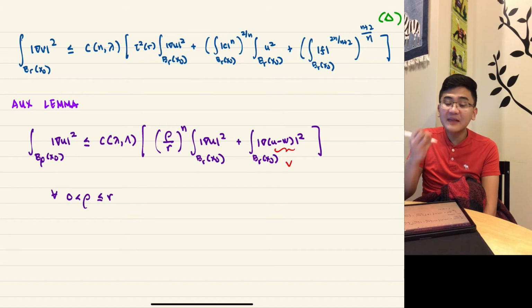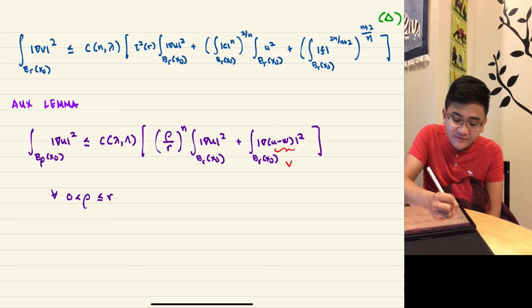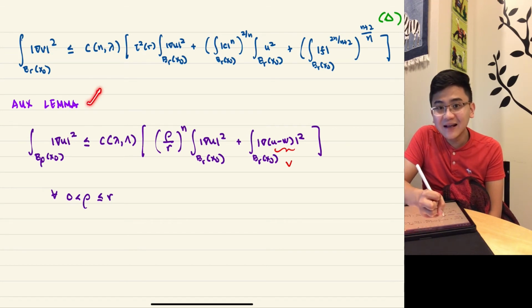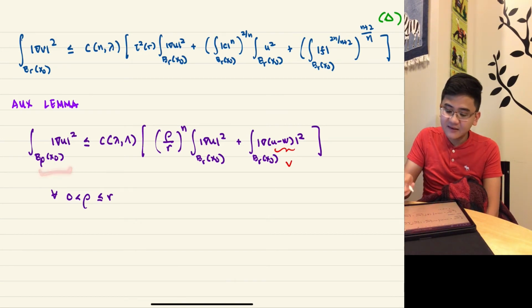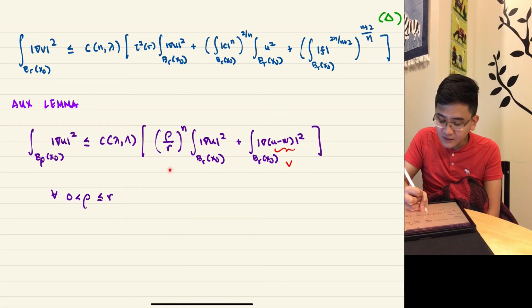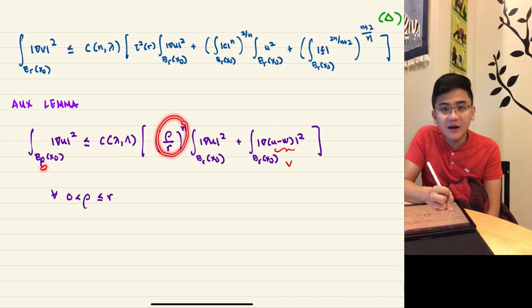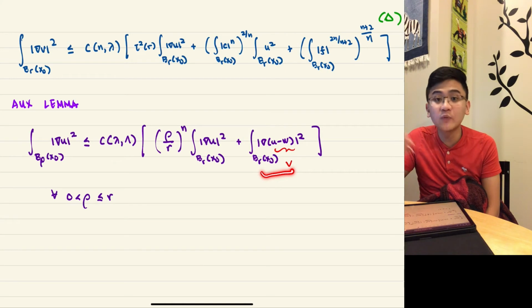So remember that our goal is to obtain some gradient estimate on U. What we have so far is a gradient estimate on V. So if I'm going to apply this lemma, this tells me that an estimate on U is a combination of this term here, sort of weighted by how big this smaller ball is, times the estimate that we have for V that we know already.